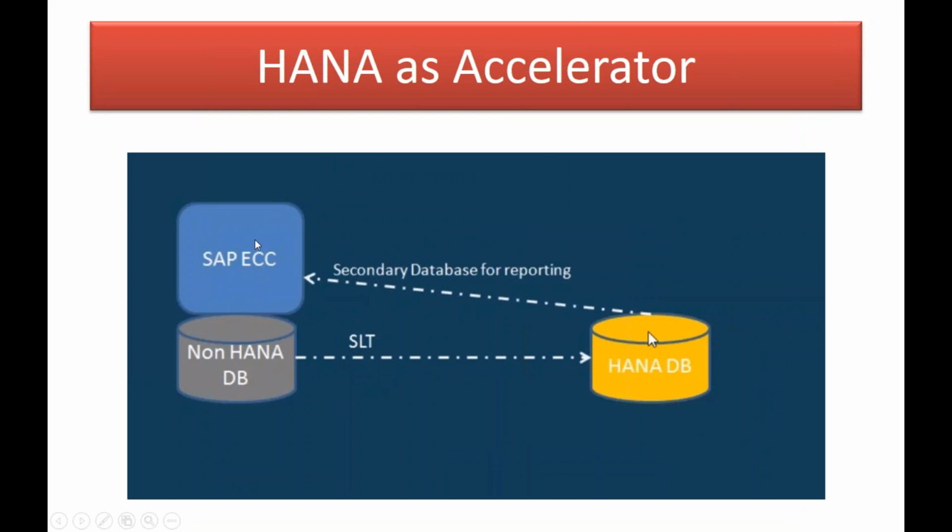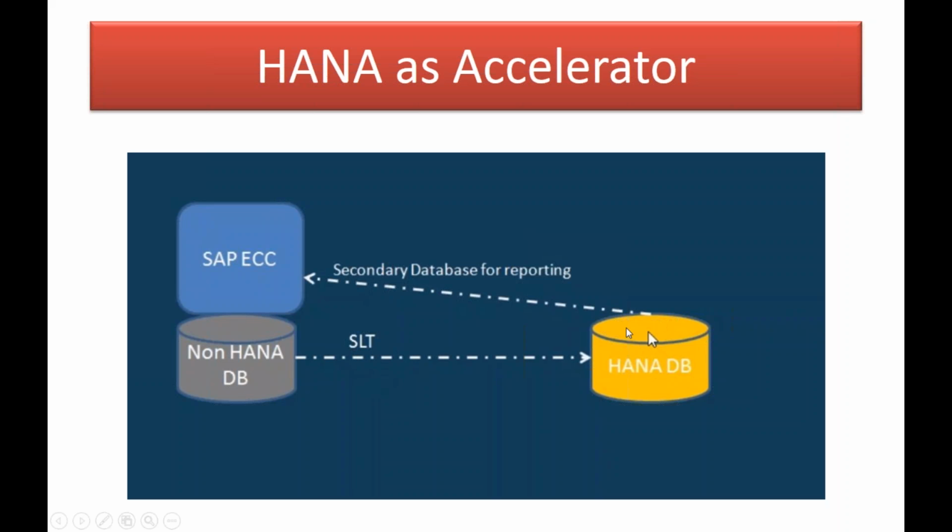I can use HANA as a data accelerator. What does it mean? For example, I have a traditional existing ECC system, an SAP ERP system, which uses a third-party database system, say Oracle or MS SQL. So I'm going to store this data in my non-HANA database. Since it is not providing much faster access for reporting purposes, what I'm going to do is send this data through SLT to a HANA database.